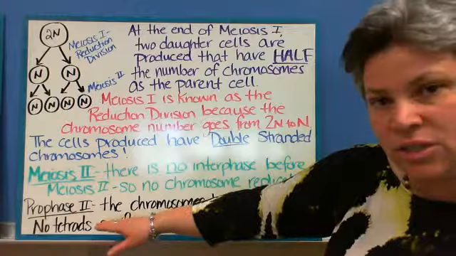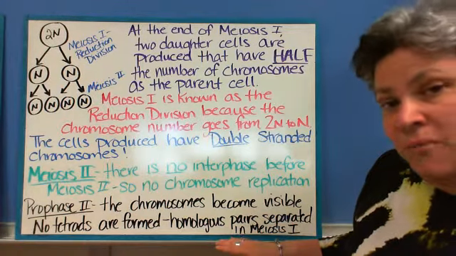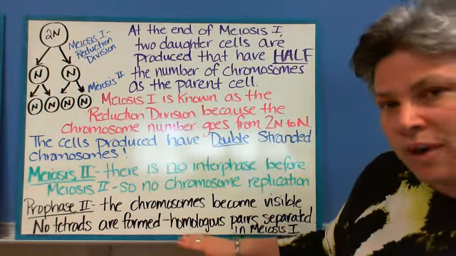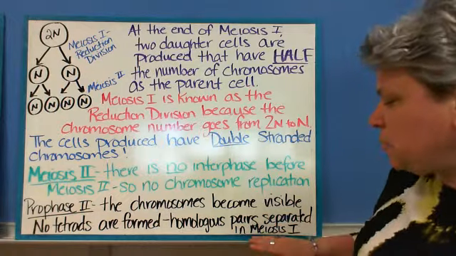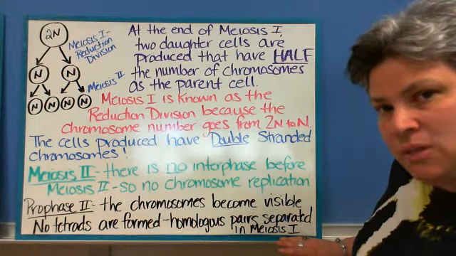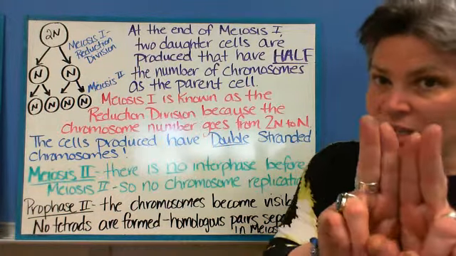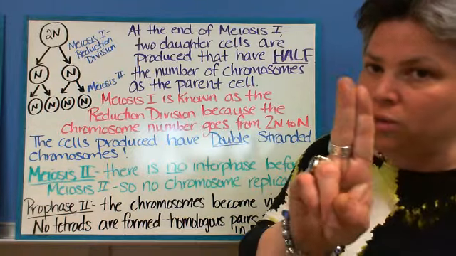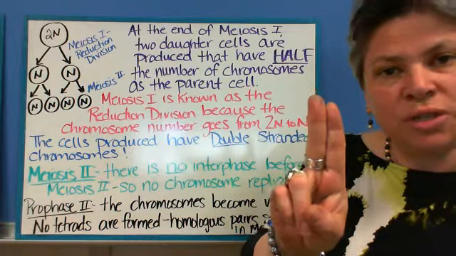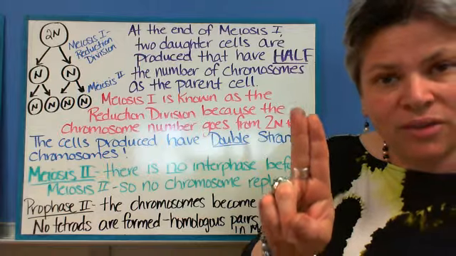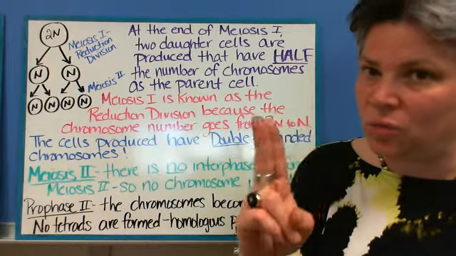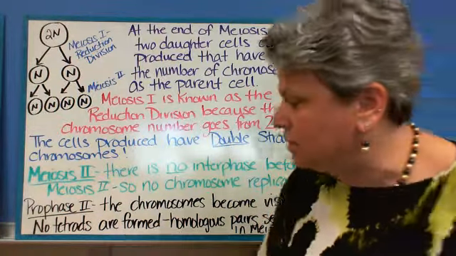I go to prophase 2. The chromosomes become visible. No tetrads are formed. Homologous pairs separated in meiosis 1. Those homologous pairs that had come together pulled apart. So they're double-stranded, but there's only one chromosome in each cell. That's the difference.